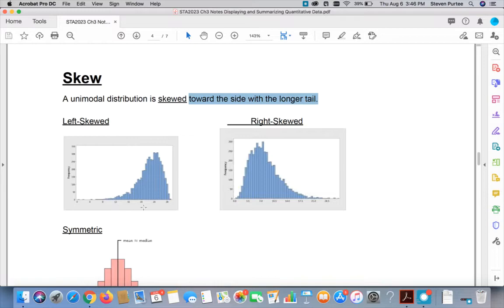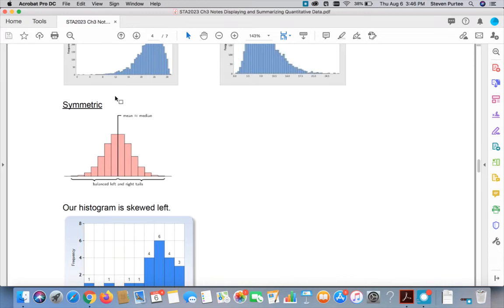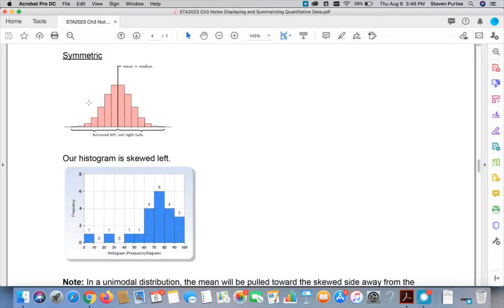So this would be left skewed because it's got this long tail on the left. This would be right skewed because it's got this long tail on the right. Symmetric would be like a mirror image, one side to the other. Now, you'll never see perfectly symmetric, but you'll see close to it, and those you would just call nearly symmetric.